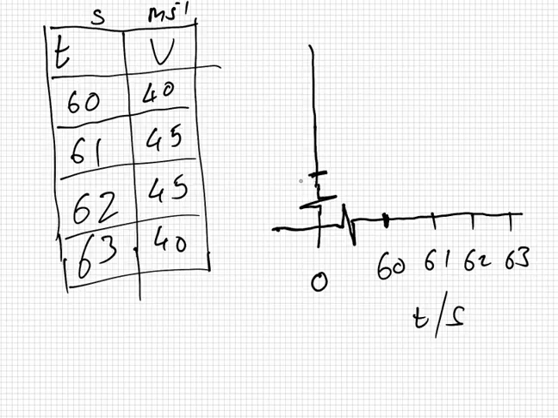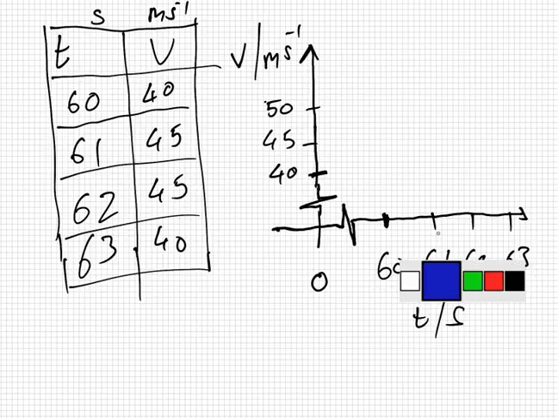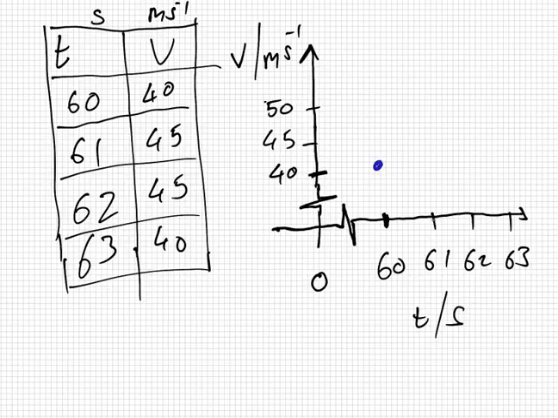And here would be 40, 45, and 50. And this one here is velocity in meters per second. So my first number is 60, 40, 61, 45, 62, 45, 63, 40. Let me put in some dotted lines.